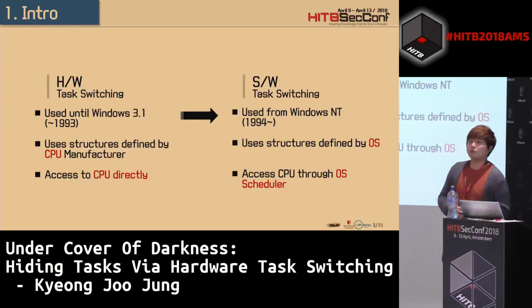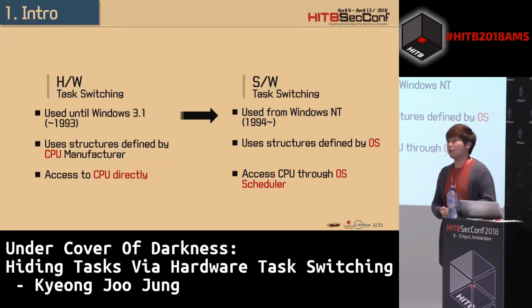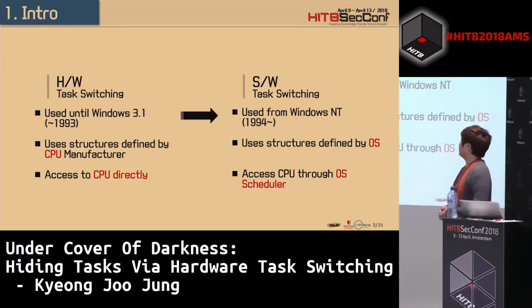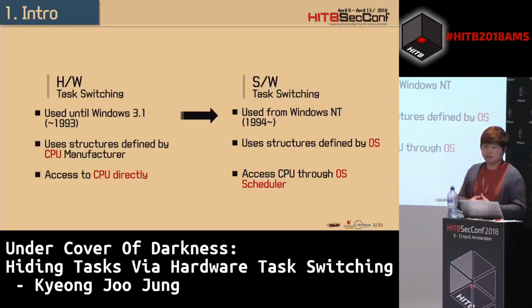It uses the structures defined by the CPU manufacturers, and it accesses the CPU directly. In other words, the software task switching is used until today, and it's for 64 bits.